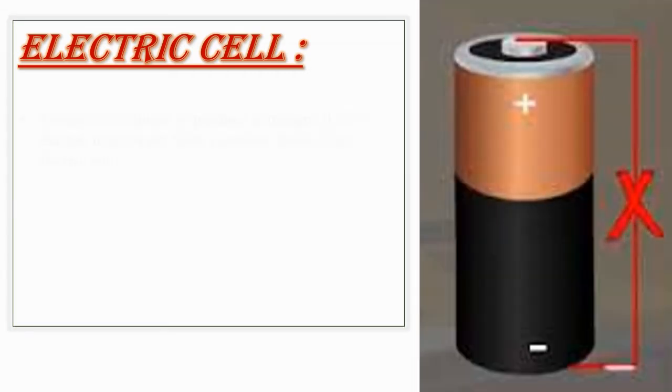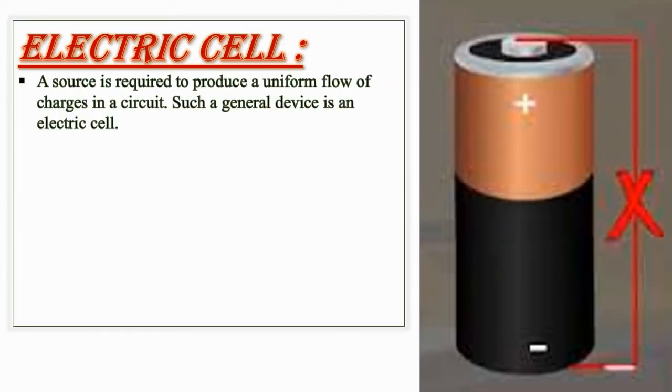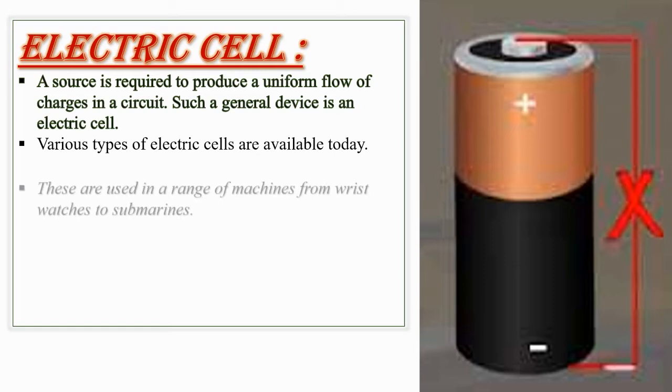So students, now let us learn about the electric cell. A source is required to produce a uniform flow of charges in a circuit. Such a device is an electric cell. Various types of electric cells are available today.